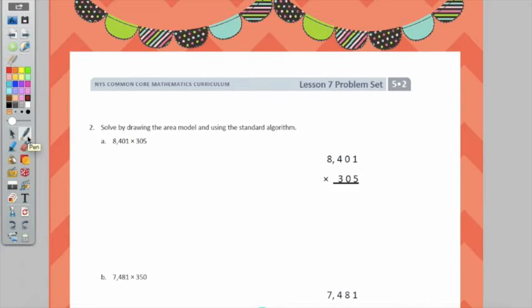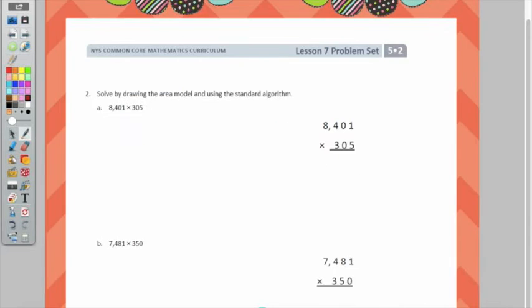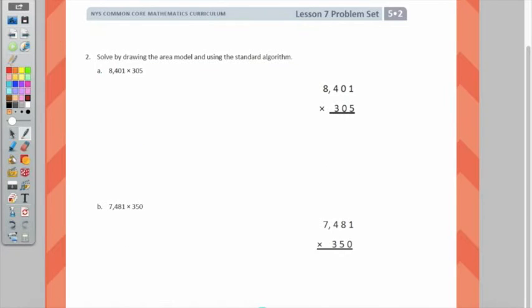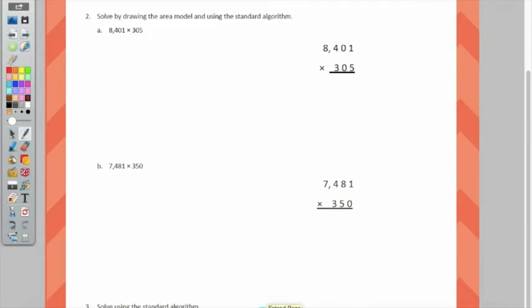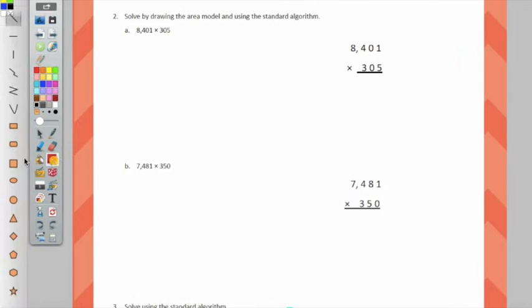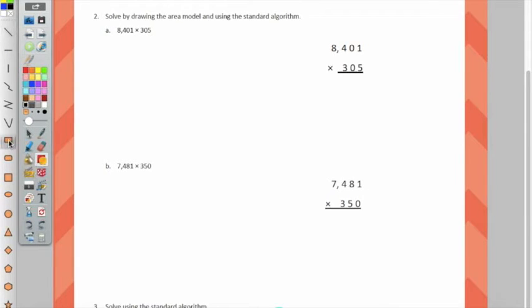Practice the area model and the standard algorithm a little more. If you remember from yesterday, or maybe it was the day before, you don't have to add your partial products unless you want to. Some kids want to so they can check their answer to make sure they didn't mess up. Okay? So on the first area model, it looks to me like there's a 0 in the top and the bottom. So that's going to change the number of columns I need and the number of rows.